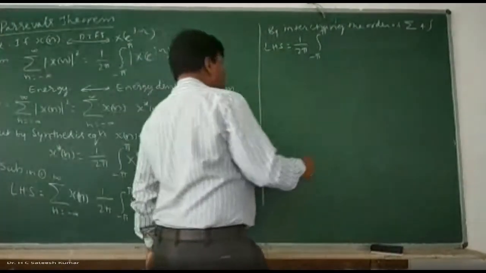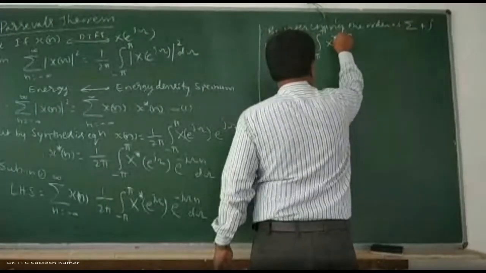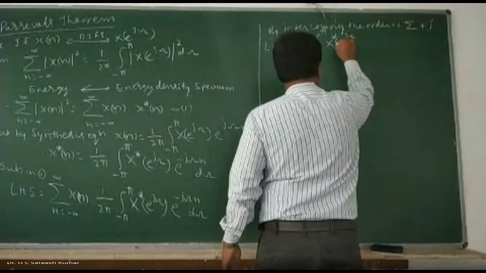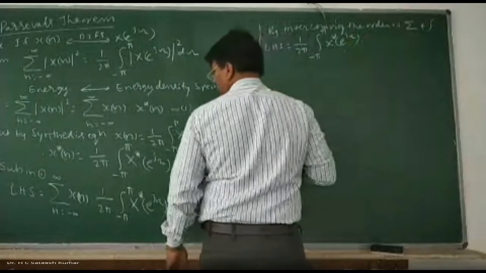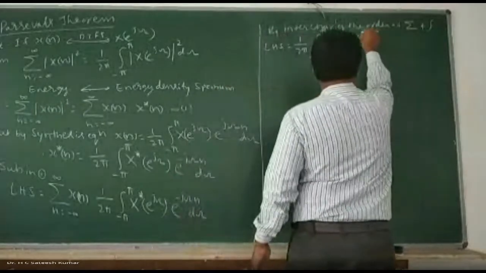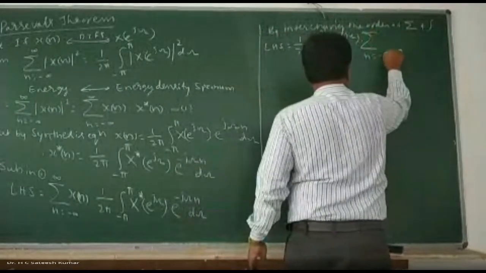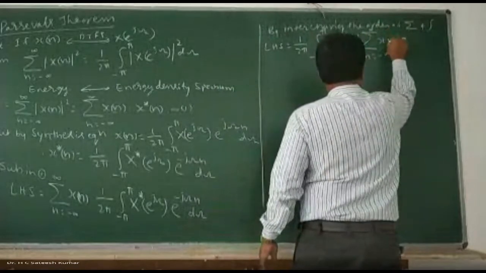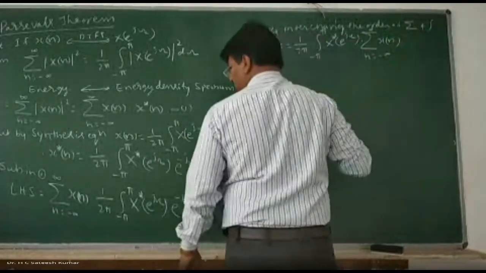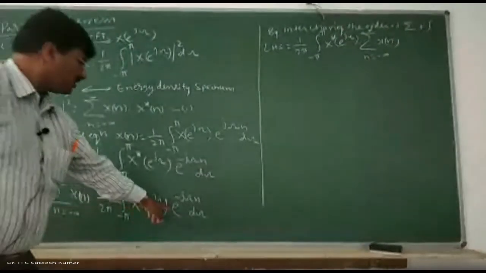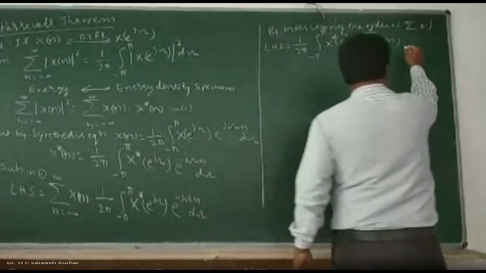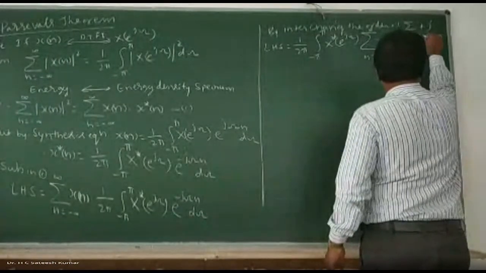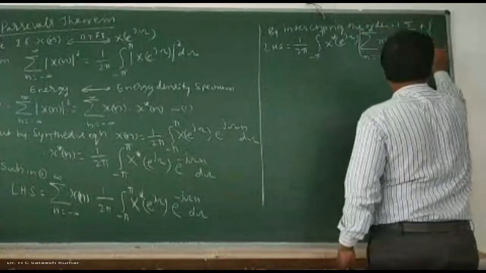What is that we have? X star of e to the power of j omega. We can take it like this. Summation n varies from minus infinity to plus infinity, x of n into e to the power of minus j omega n, into d omega.